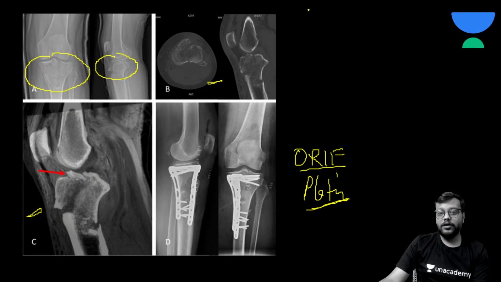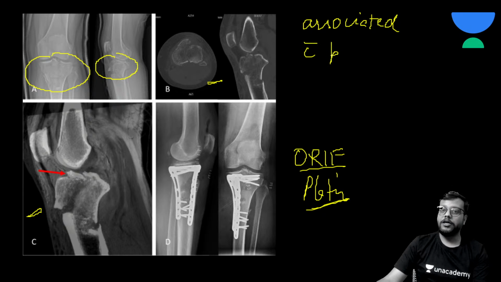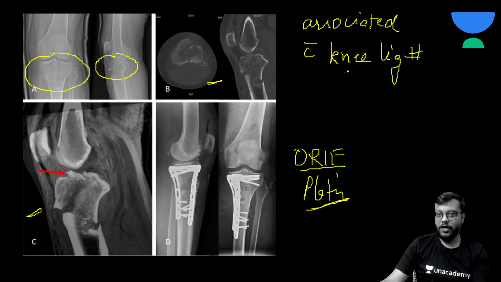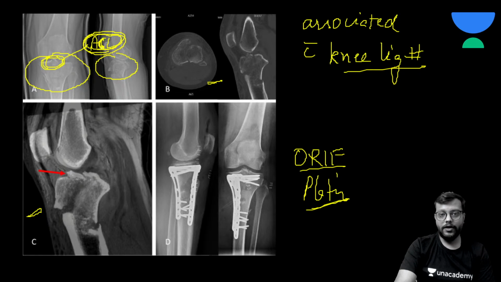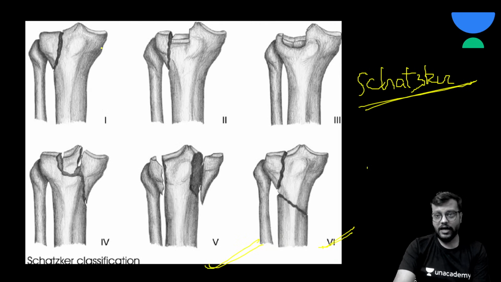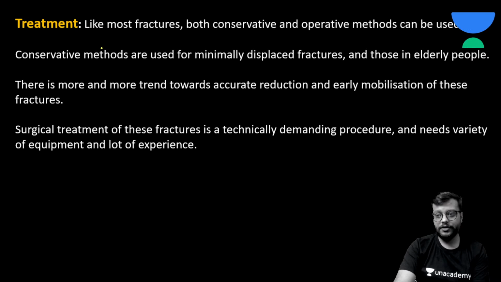Now remember one thing, that tibial plateau fractures are very often associated with injuries to the knee ligaments. And if there is a fracture here at the tip, remember the chances of ACL injury, anterior cruciate ligament injury, increase a lot. Okay, this is the Schatzker type. You just need to remember the name, which is used for tibial plateau fractures.